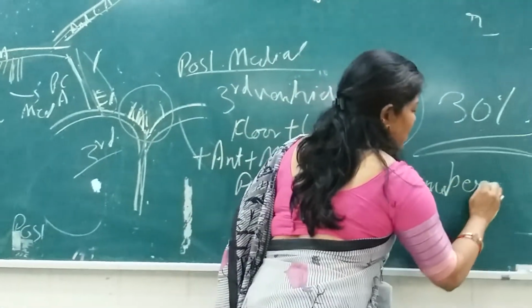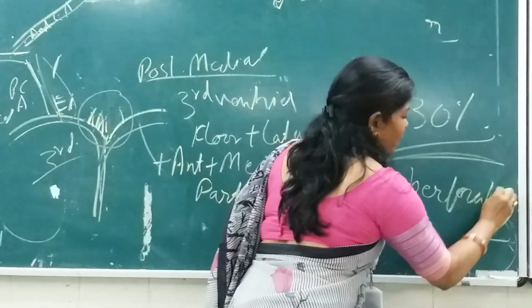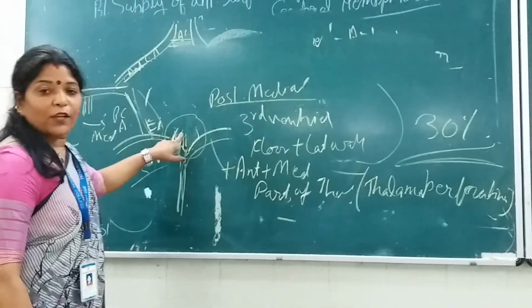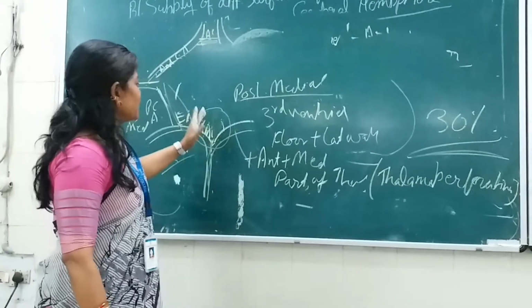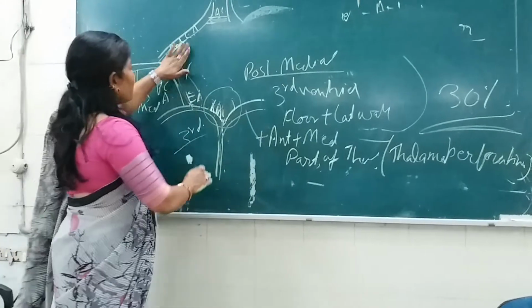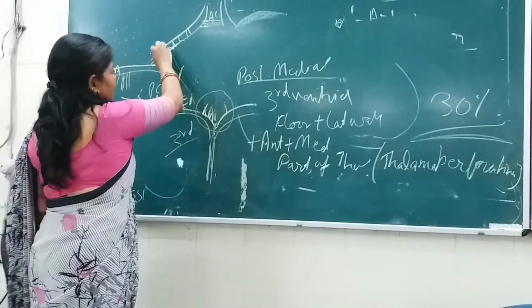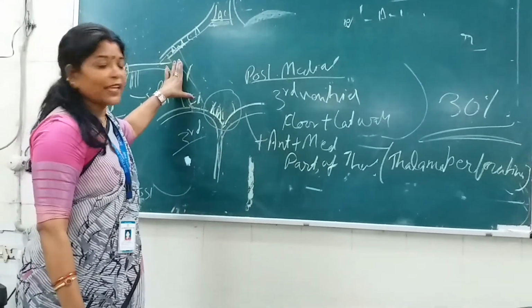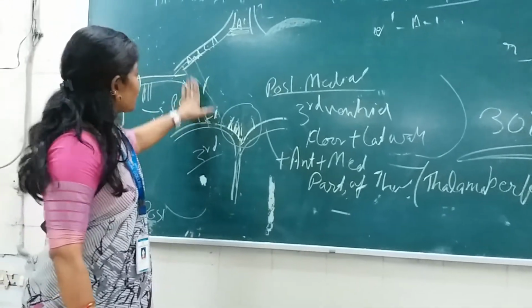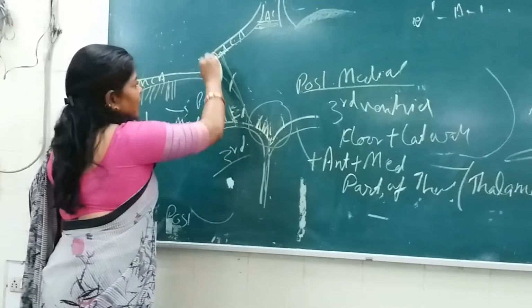Thalamo-perforating arteries, this anteromedial group will supply the anterior and the medial aspect of the thalamus. The structure running here is the cerebral peduncle of the midbrain, isn't it? Yes or no? This is where the cerebral peduncle is.